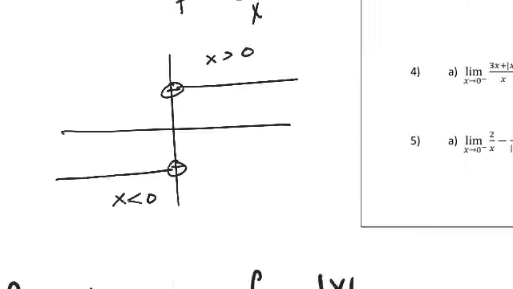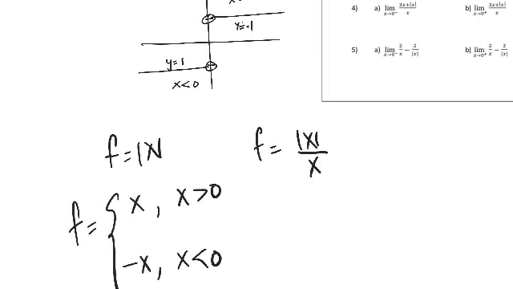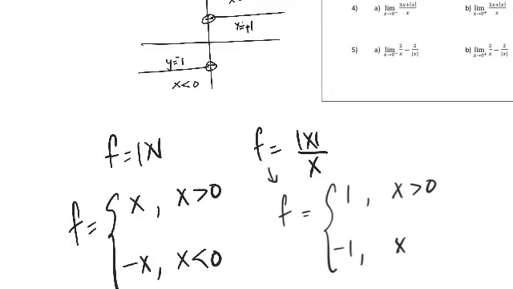This graph, if x is greater than 0, y is equal to 1, and if x is less than 0, y is equal to negative 1, right? So you can see that this as well can be written as a piecewise function. So this can be written as f is equal to 1 if x is greater than 0 and negative 1 if x is less than 0.